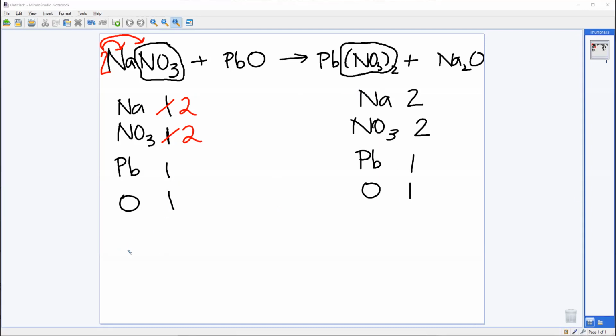So when I say stoichiometric problems, what I'm talking about is we are given a certain amount of one of our compounds. So let's say I'm given a certain amount of grams of lead oxide, lead 2 oxide.